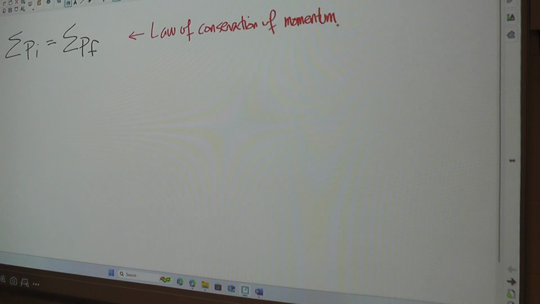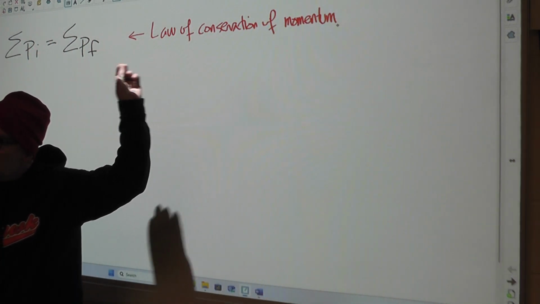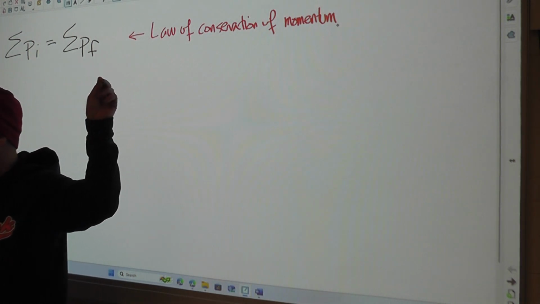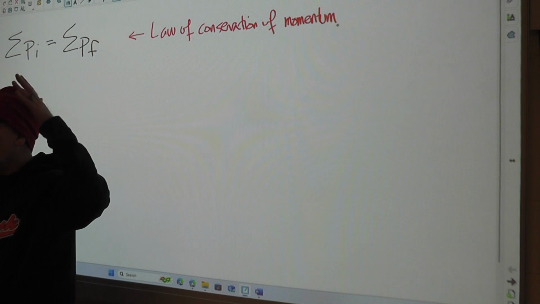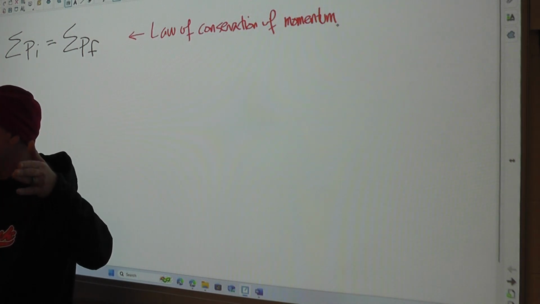So if Lauren and I have, between the two of us, 30 bucks, that amount of money is gonna stay constant unless somebody else brings money in or we give some of our money to somebody else. With momentum, it's the same way. Momentum can get added to or taken away from a system, and the way that happens is by having overall forces in the dimension of motion.